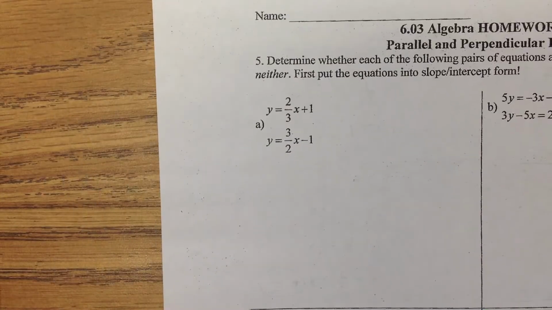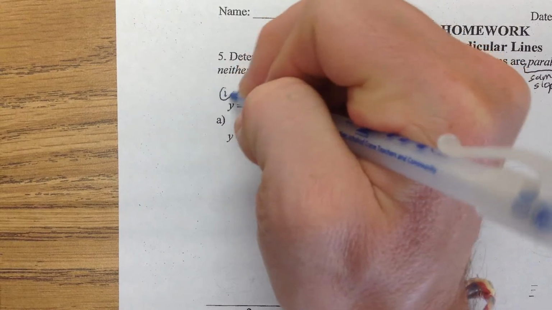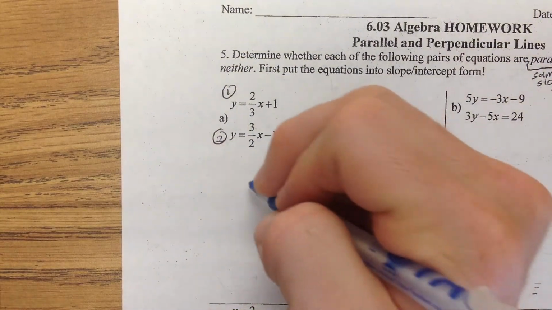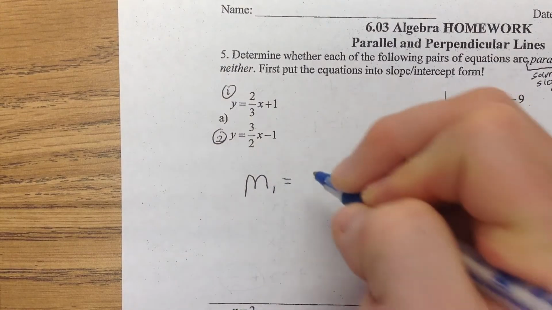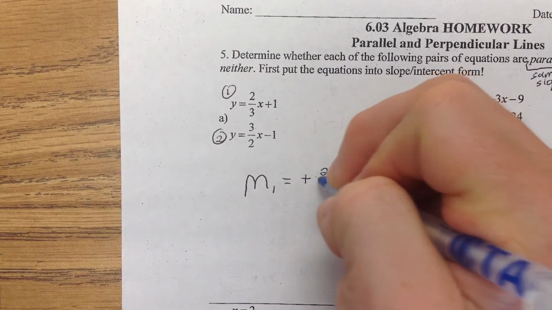So let's take a look at this first one. All right, so you can think about this as this is equation 1, this is equation 2. So the slope of equation 1 is a positive 2/3.